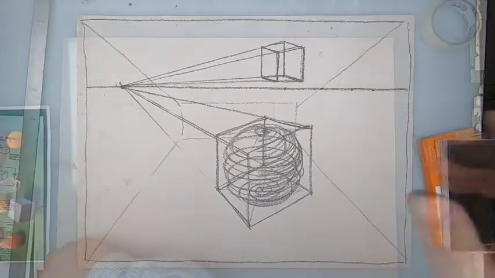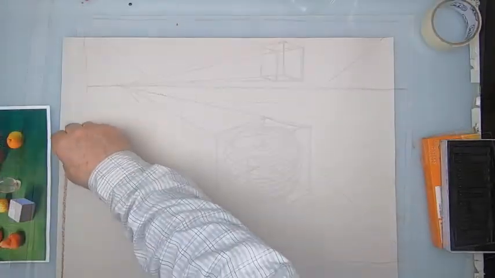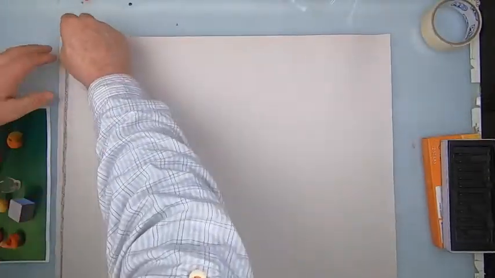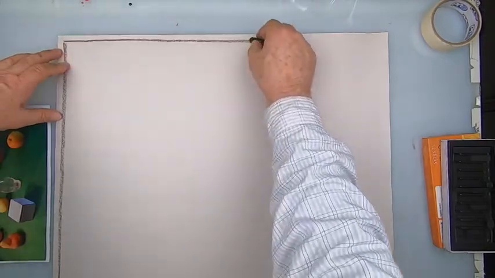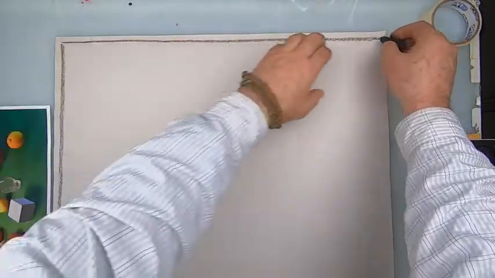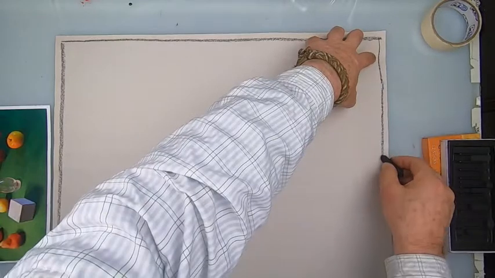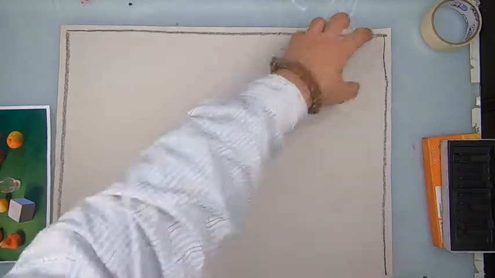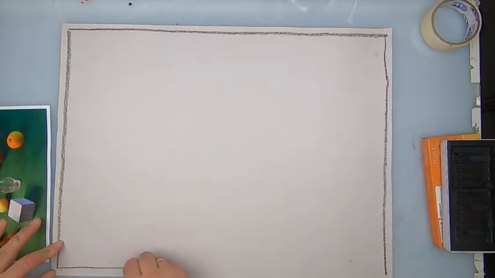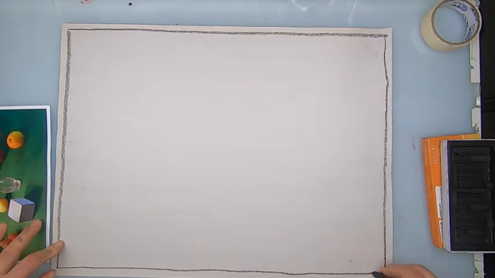I would like to make a little bit of a note about the line of sight and how the line of sight relates to volume.